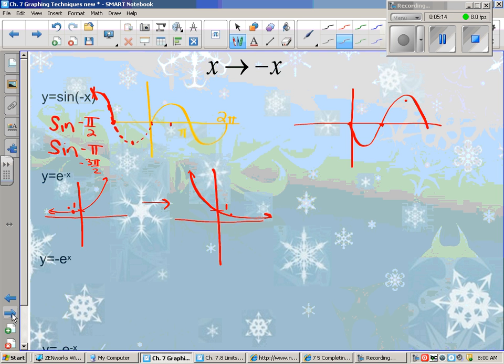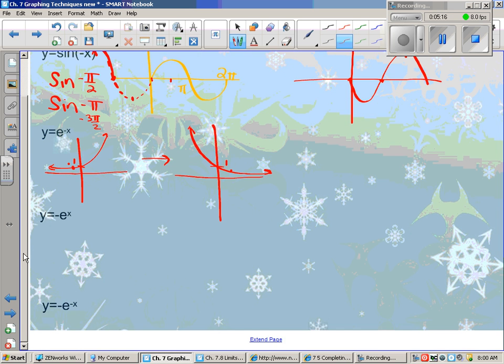Okay, look at the next equation. What does this mean? That negative there, is that applying to the x or to the y? That's the most important distinction in this whole thing, is for us to recognize what is the action that's gone on here. Did we switch the x and the y around? Did I just switch the sign of the x? Did I just switch the sign of the y? And of course, in this one, it's indicating the y.